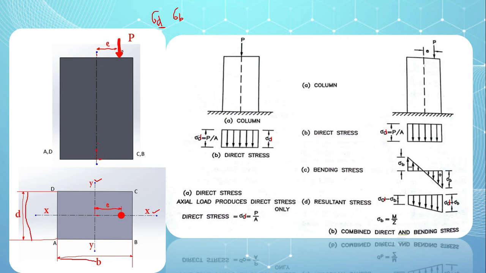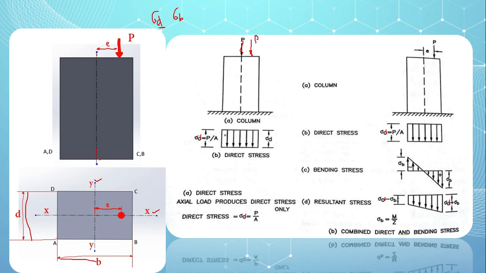First of all we will calculate direct stress. So sigma d is equal to this load P divided by area. In this stress distribution diagram, the height will be equal to the magnitude of sigma d, and sigma d can be calculated by P divided by area.